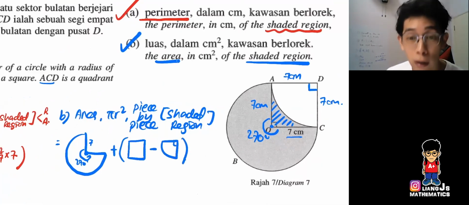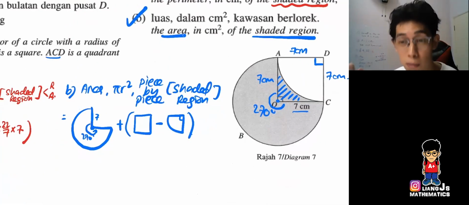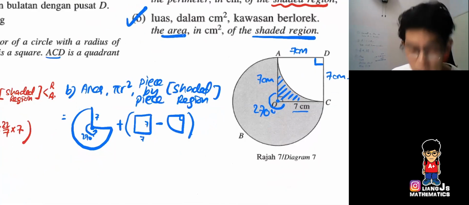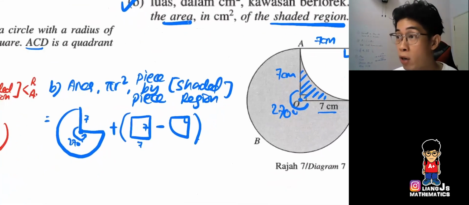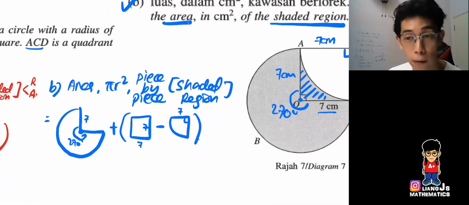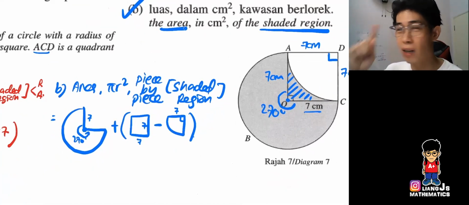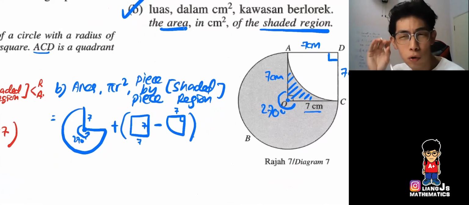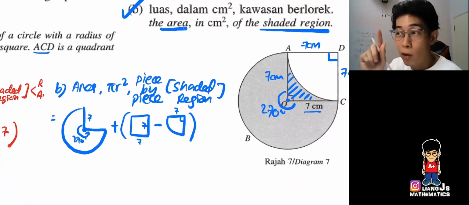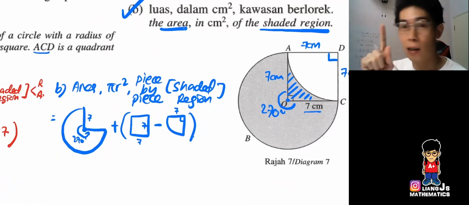The square area is 7 times 7, that one is so easy. Then your quadrant has 90 degrees as the angle and radius 7. You notice I have been repeating the same thing. For students who get the message already, you know what to do. For students still struggling to understand bit by bit, you notice I've been repeating the same thing.